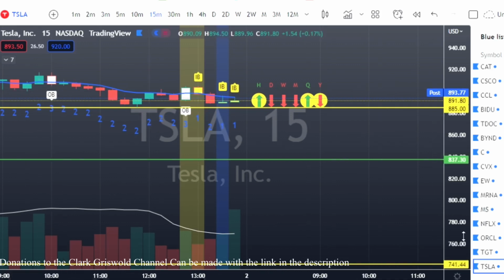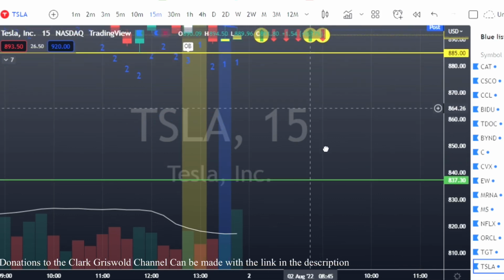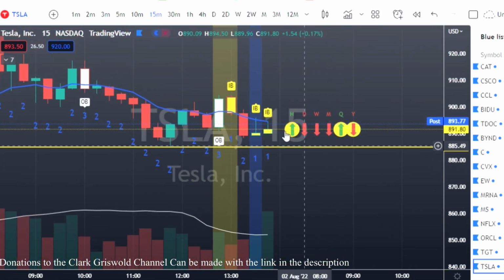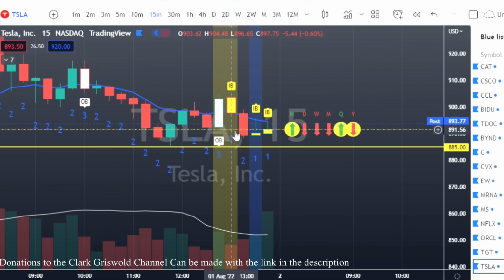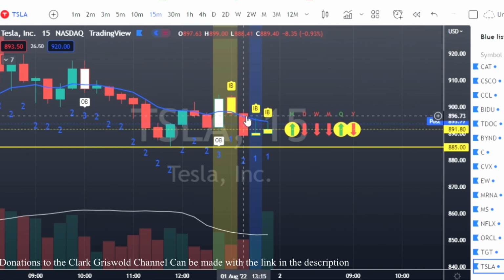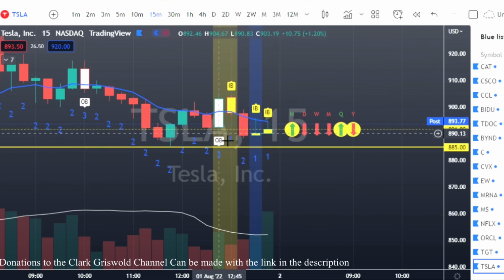Okay, 3-1 setup on Tesla. Into time frame continuity, trigger, target 1, and out. So from 897 pretty much to 891 on Tesla. A little plus a little bit more, but that would have been your target.